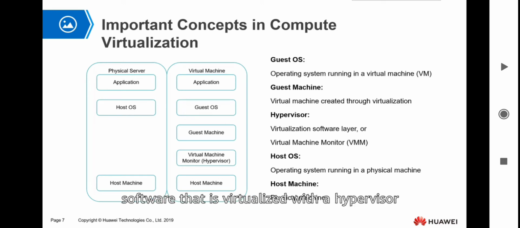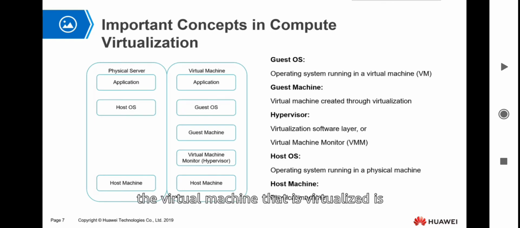The hypervisor is the core of virtualization. It is responsible for monitoring the virtual state, allocating memory and CPU to the virtual machine, and also virtualizing some IOs. Therefore, it has another name called Virtual Machine Monitor, VMM.